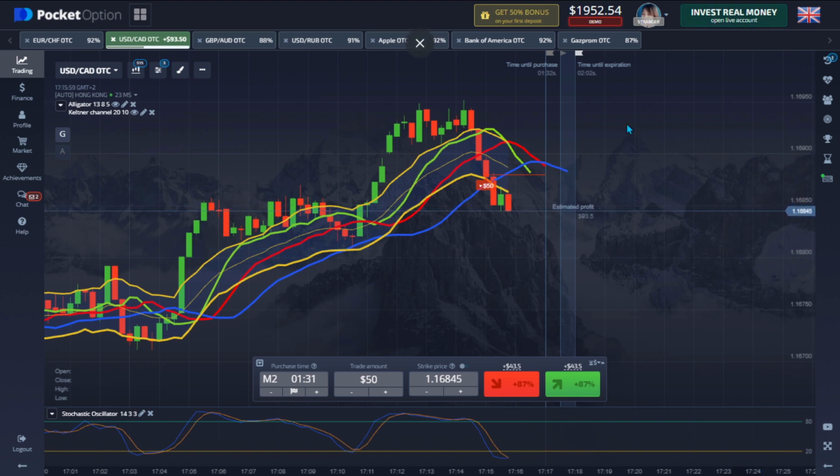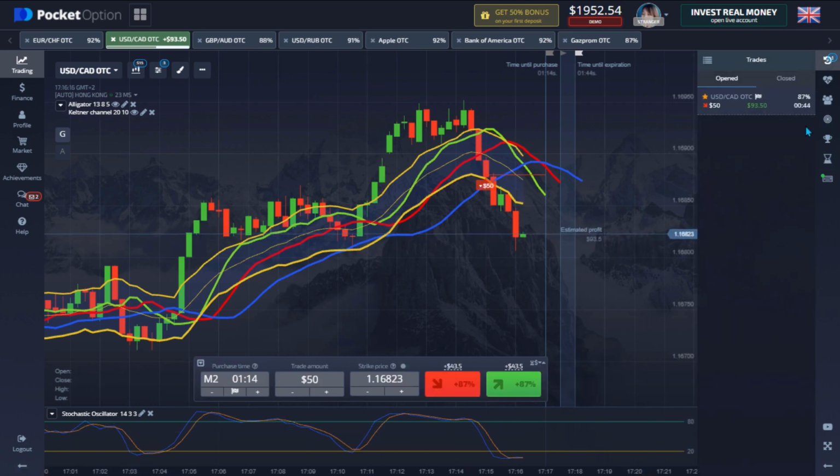So as you can see guys, we have this downtrends, and as you can see this indicates a downtrend at nandito din siya below 20% sa stochastic oscillator, we just have 44 seconds to go. If we win this, we'll gain $93.5.